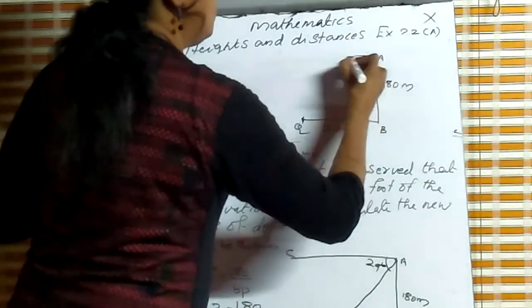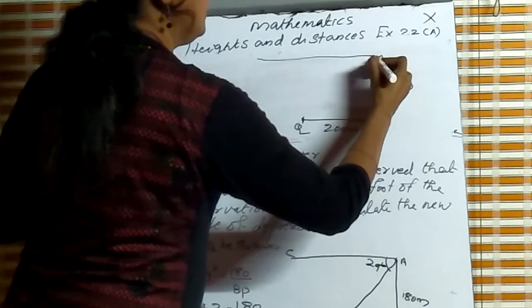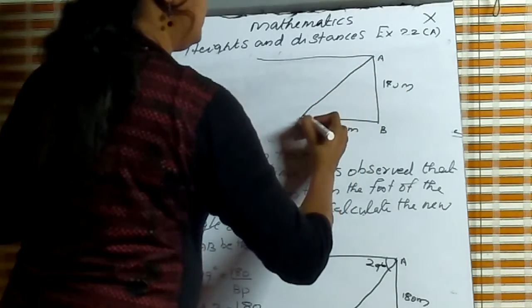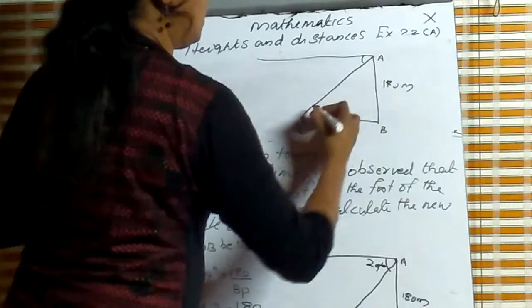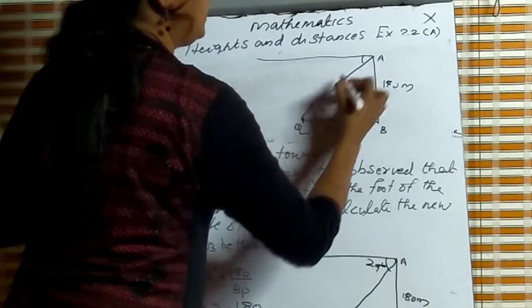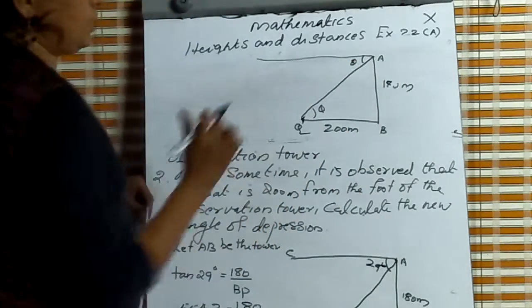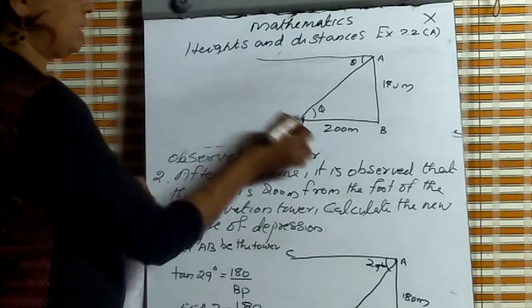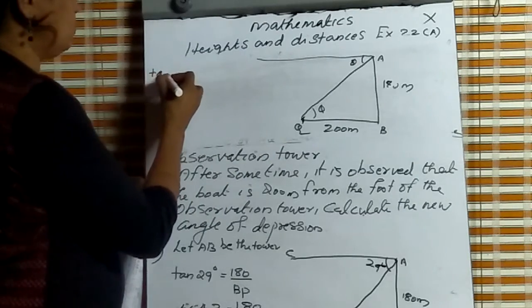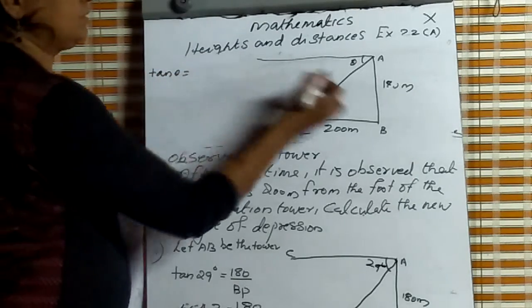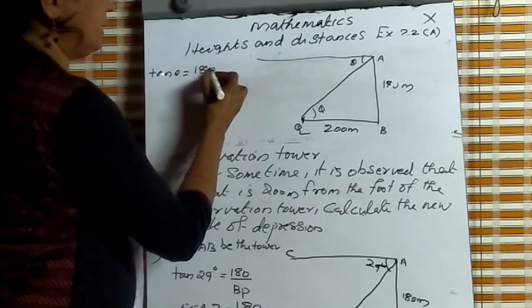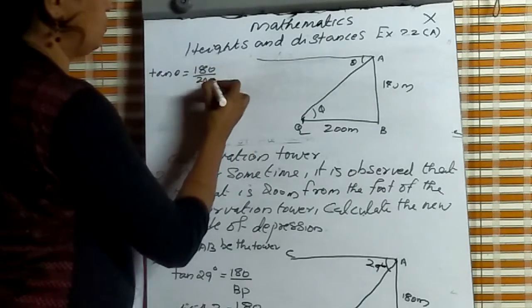Here, this is the horizontal ray. This is the line of sight. So this angle is equal to this. In the second part, we have to find this angle. For that, tan theta is equal to 180 divided by 200.